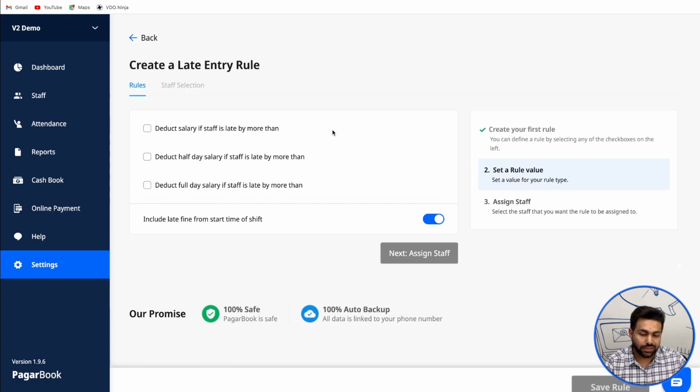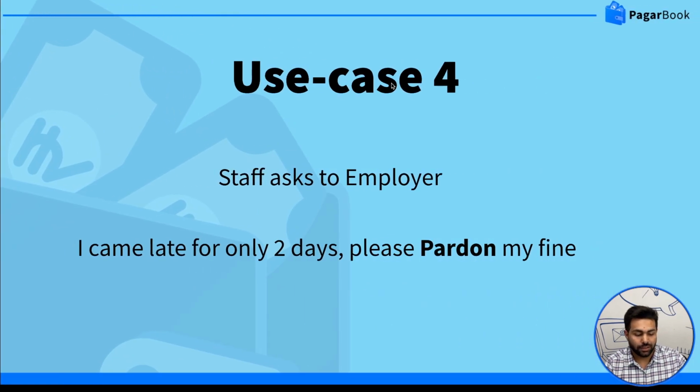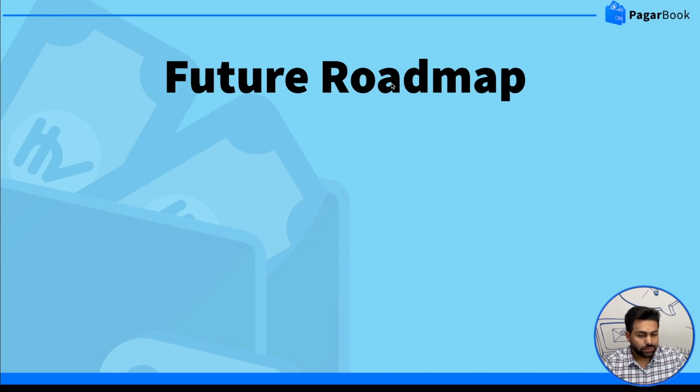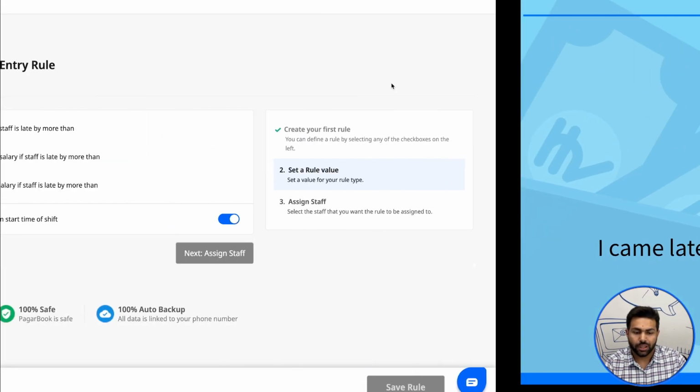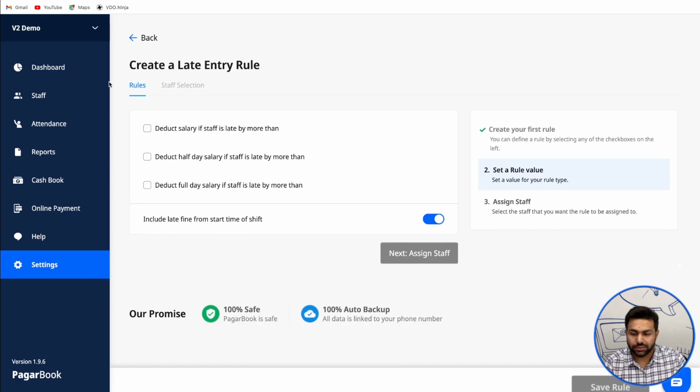So for all these three rules you can define different occurrences. So now this was the case for late entry.